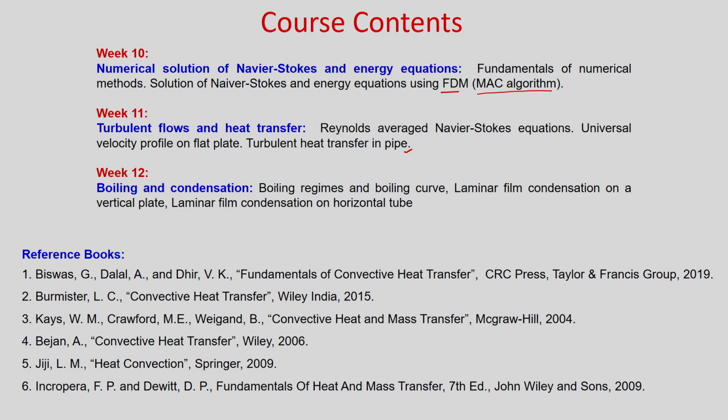First we will discuss different boiling regimes and the boiling curve, which is the Nukiyama curve, and next we will discuss laminar film condensation on a vertical plate and laminar film condensation on a horizontal tube.